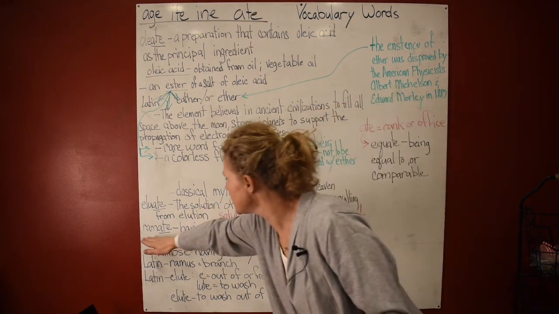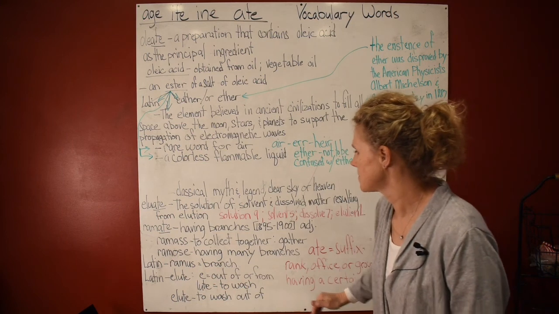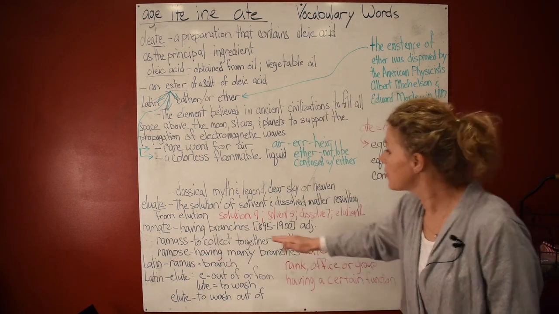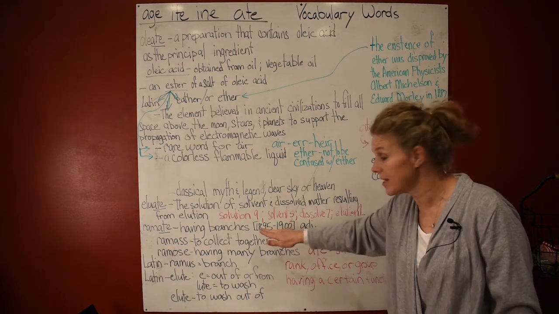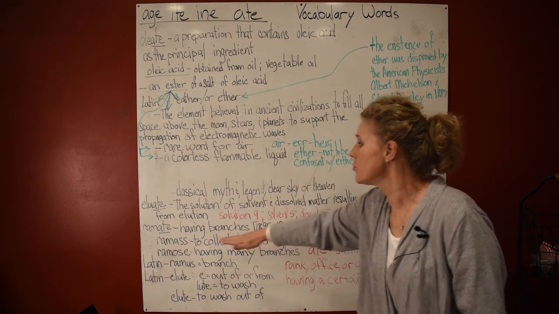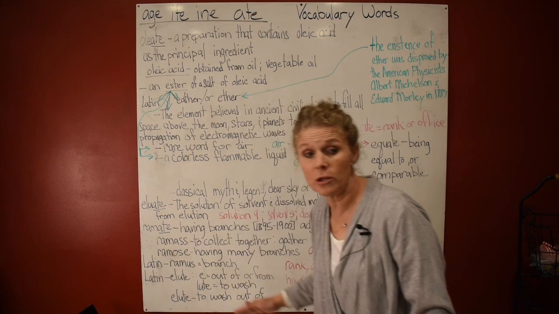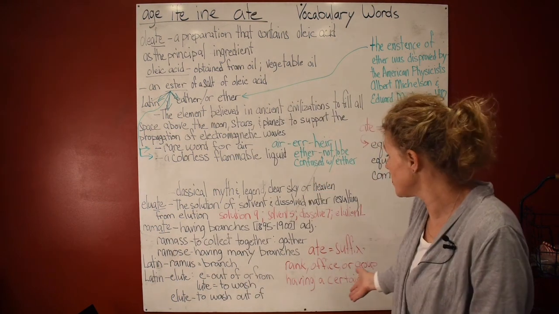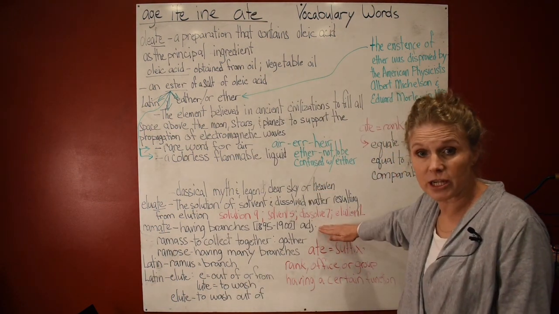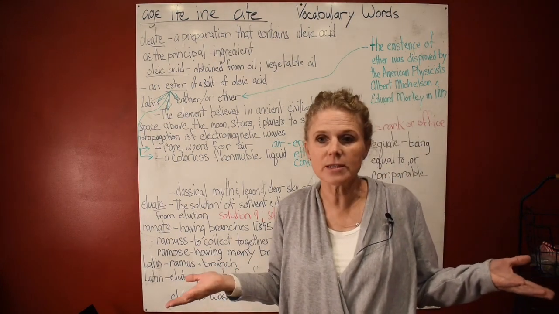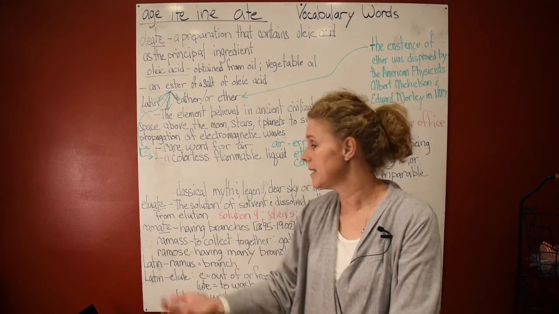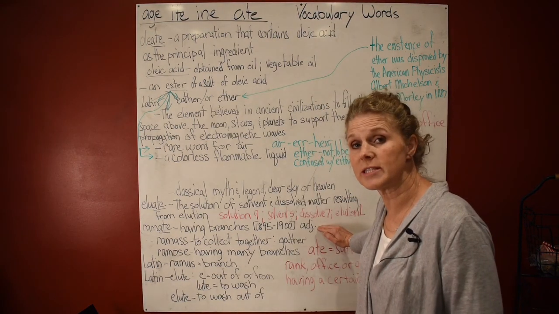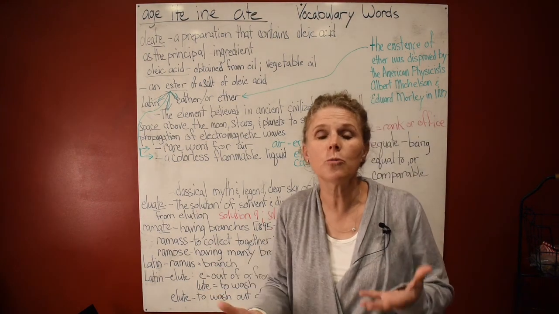So let's look at ramate, having branches. Now this word came into play between 1895 and the 1900s, so this is actually a pretty new word, which I think is really interesting. It's an adjective. Do you guys remember what an adjective is? It describes a noun. It's really important that you understand this because it will help you with your writing.